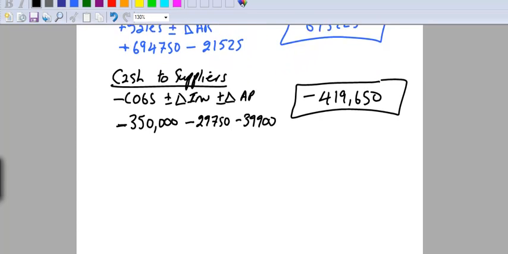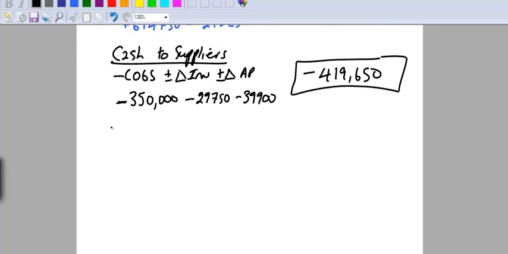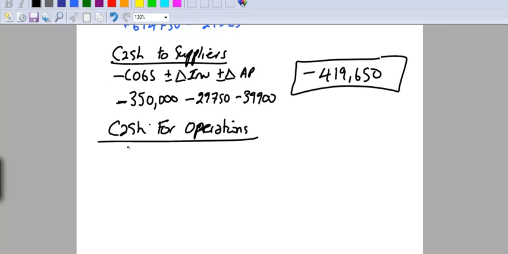The third section is going to be all working capital accounts. I'm going to call this cash for operations. I'm going to use my income statement information for other expenses, otherwise known as operating expenses, not total operating expenses.